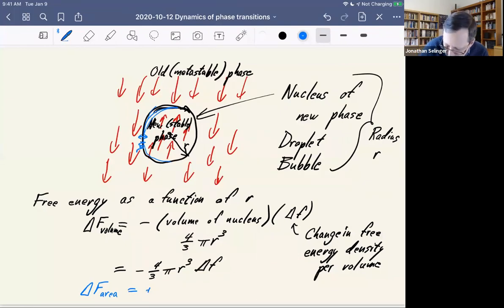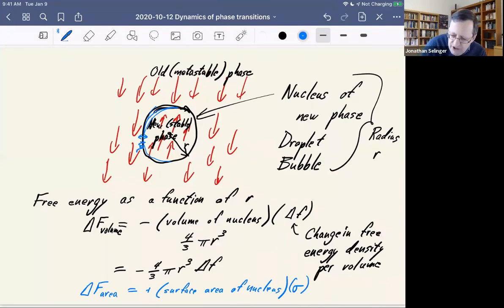It is the surface area of the nucleus times the surface tension that we've been talking about.